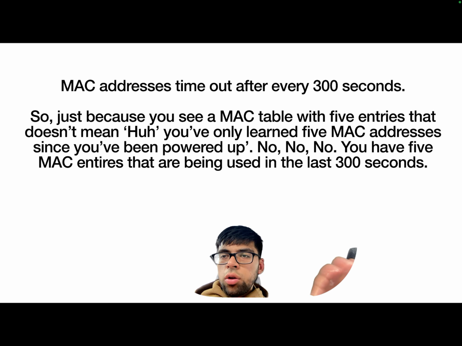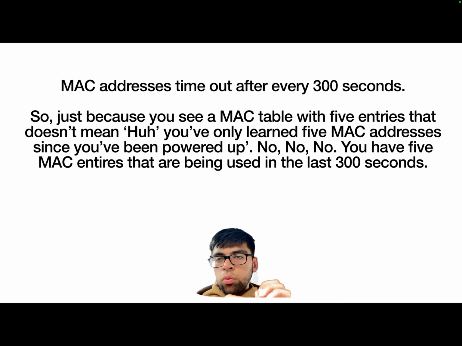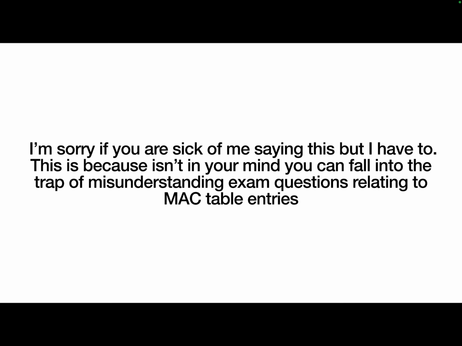And so we don't necessarily see everything that's been in that MAC address table historically, just by looking at the MAC table. It's very, very important. So this can be a bit of a pitfall in the exam if we slip over and we're not clear on this.